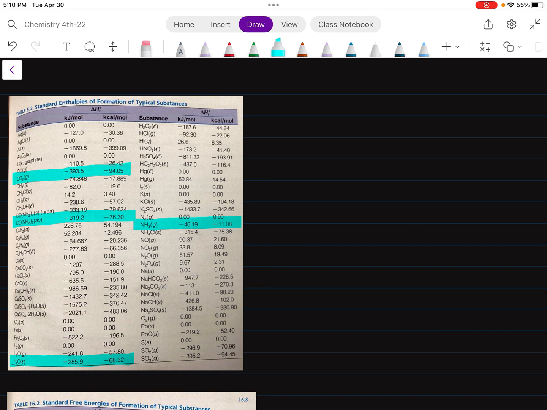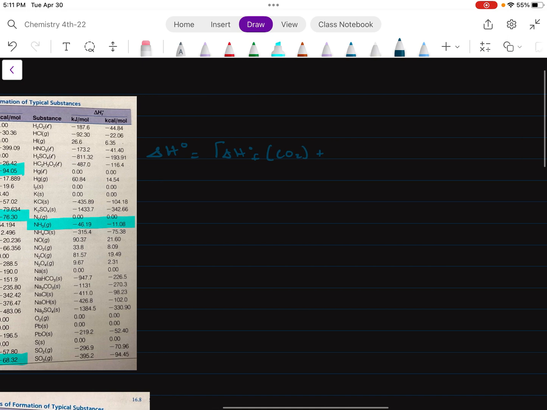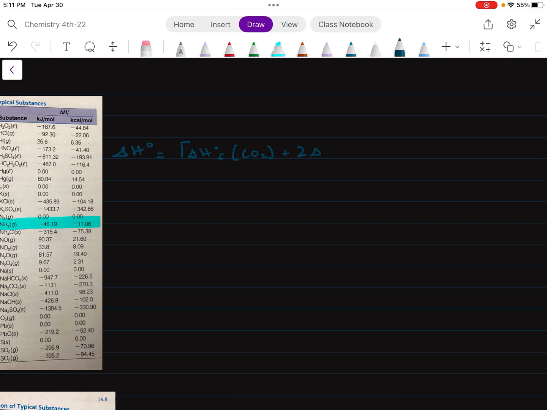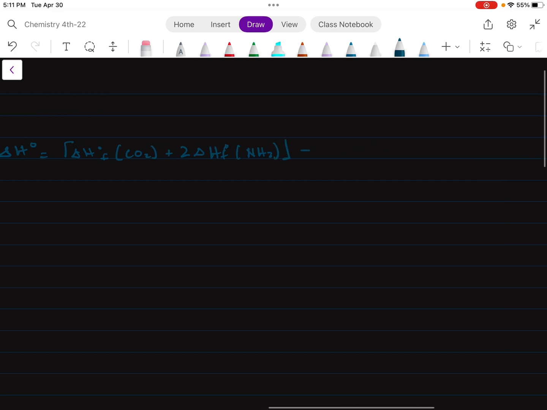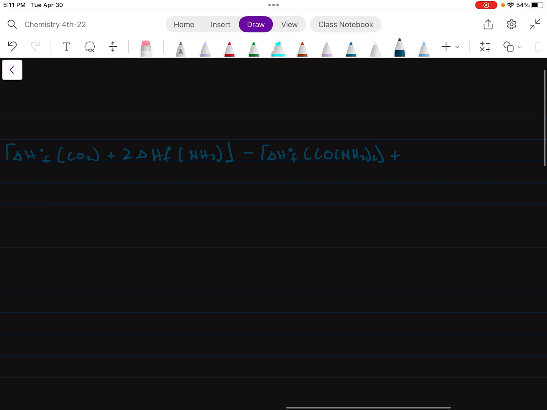So let's go ahead and find delta H. Delta H is going to be equal to the change in the heat of formation of CO2, plus 2 times the heat of formation of NH3, minus the heat of formation of urea plus the heat of formation of water.